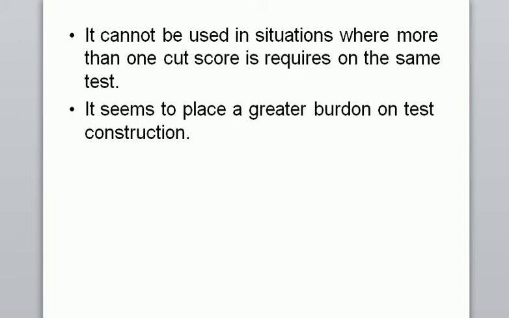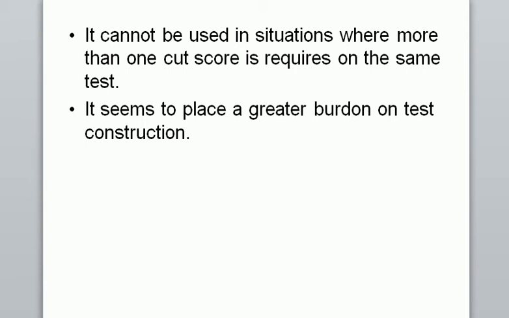It means if you need more cut scores on a test, you can't use this method in this situation. So it means the Nedelsky method could not be used in each type of multiple choice item tests.